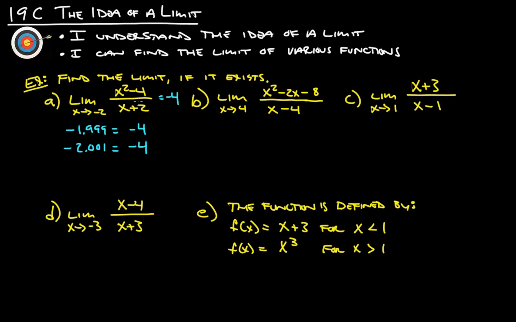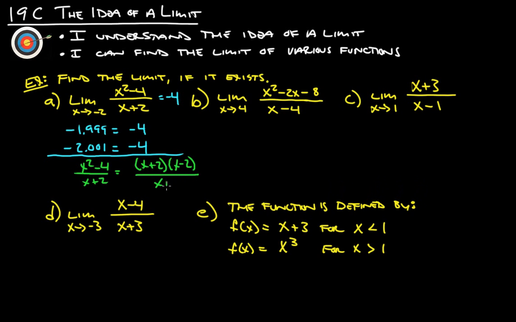Another way that you can do this exact same problem is to factor this. The way we're doing it is just fine; I just want to show you a slightly different way. If you take x squared minus 4 over x plus 2, you can turn x squared minus 4 into x plus 2 and x minus 2.